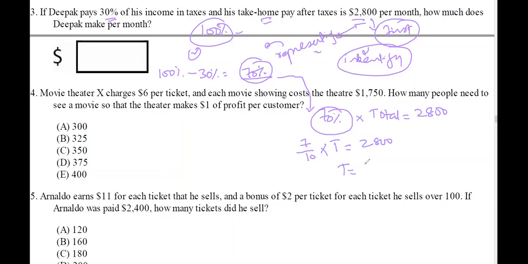The total is equivalent to 2800 into 10 upon 7, which means the total value is 4000. He is paying 30% in taxes. After eliminating those, we are left with 2800.